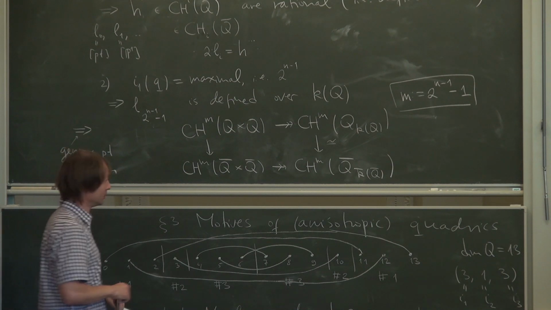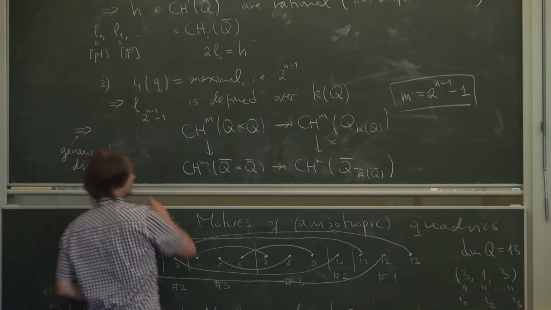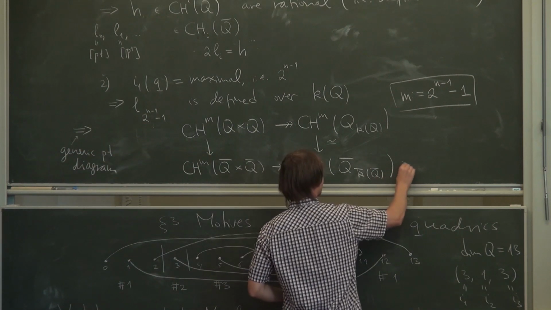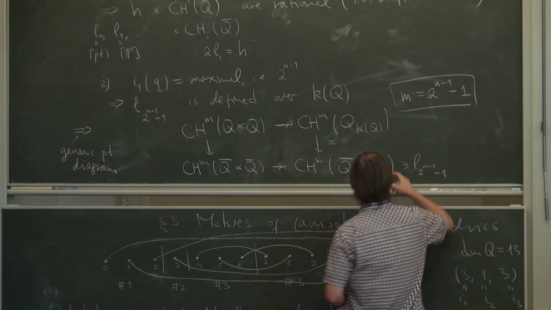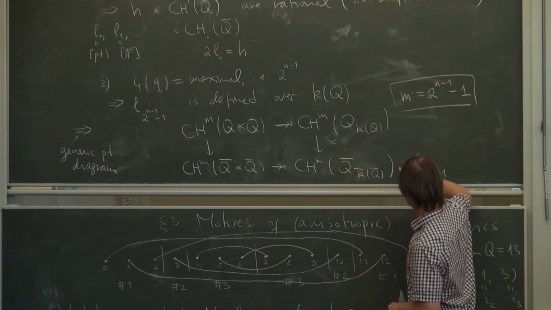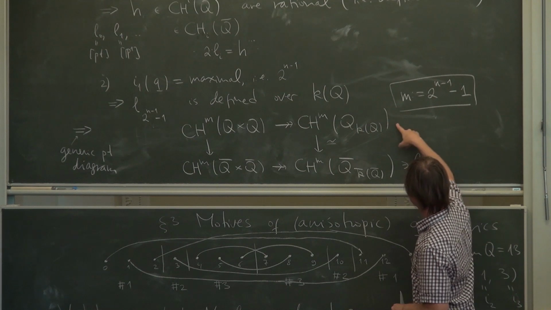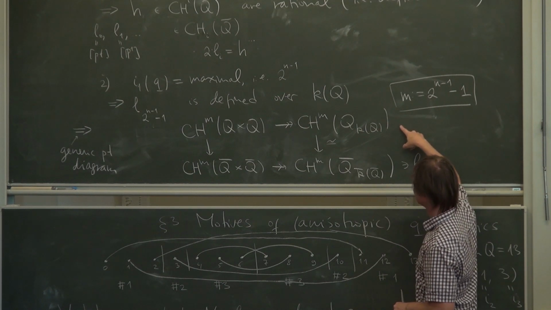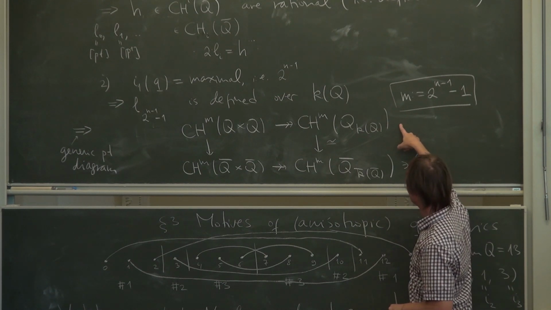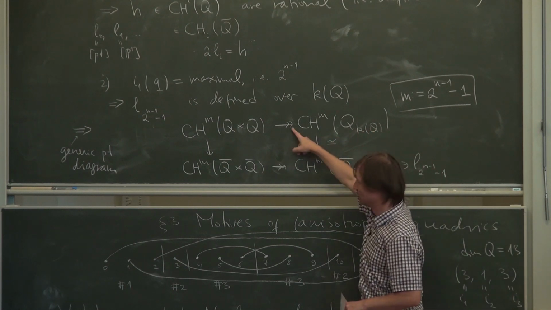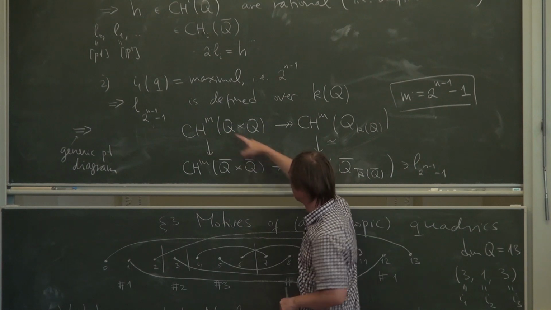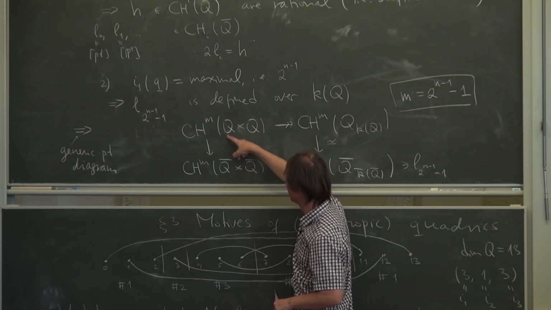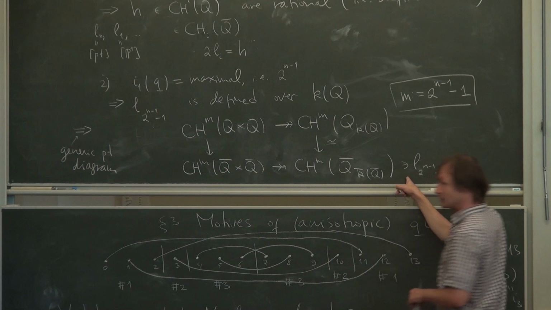So now here we have this class L to n minus 1 minus 1. Since this is an isomorphism, we have also this class here. So it is defined, it comes from here. This map is surjective, there is a preimage. And by commutativity, this preimage goes here and goes to this element.